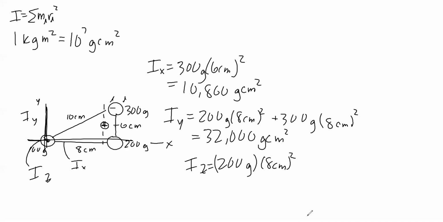plus 300 grams now times 10 centimeters squared. Now we do use 10 because the 300 gram mass is 10 centimeters away from this axis going into and out of the page, but it was only 8 centimeters away from I sub y, only 6 centimeters away from I sub x, for the axes associated with those.